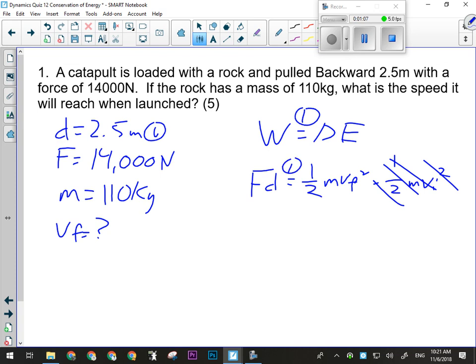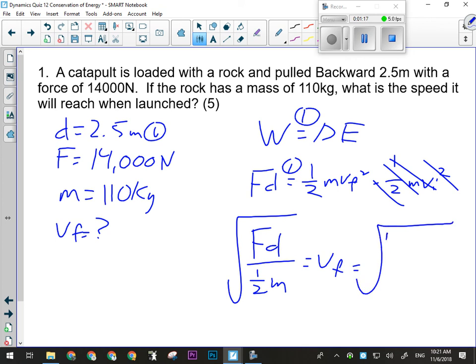And then we got to manipulate for vf, so we're going to have force times distance divided by 1/2 of m, square rooted. So plugged in, that's going to be 14,000 times 2.5 divided by 1/2 times 110. Give them a mark if they've got that step there.